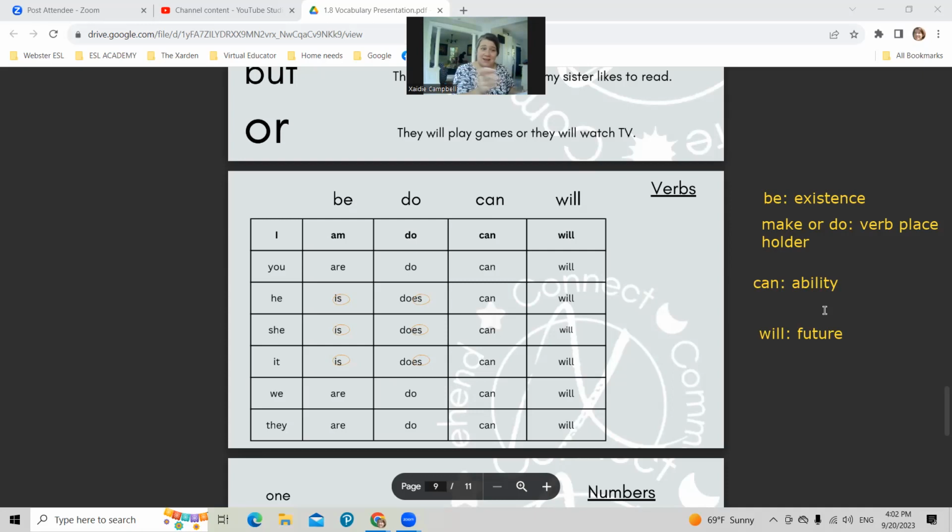I can write. Okay? Can. What am I able to do? And future will. At 9 o'clock tonight, I will go to bed. At 7 o'clock, I will eat my dinner. And later, I will take my son to work. Will.